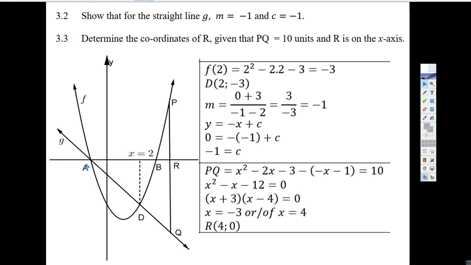So your answer is x is minus 3, that's one place, or x is 4. So it looks like R must be 4. R must be 4. Well, that makes sense. Okay, because, yeah, (4, 0). And there you go.